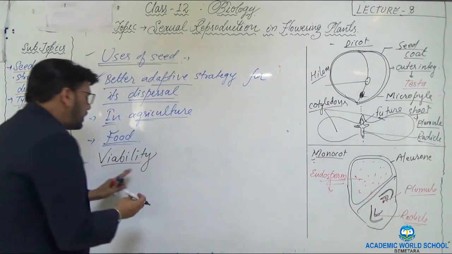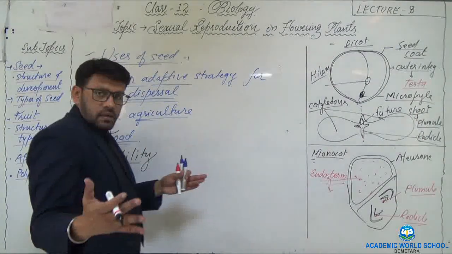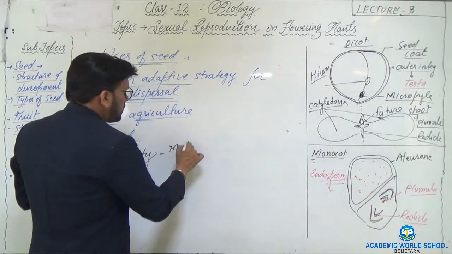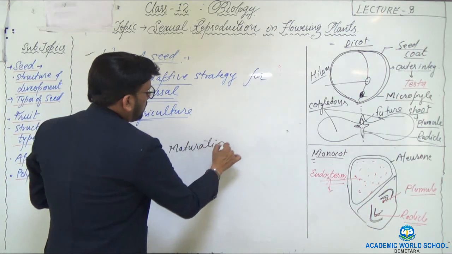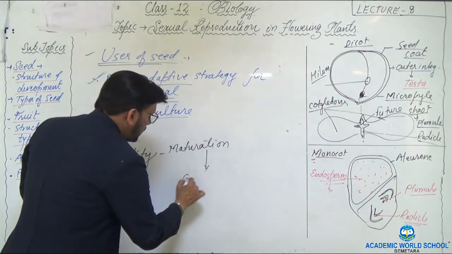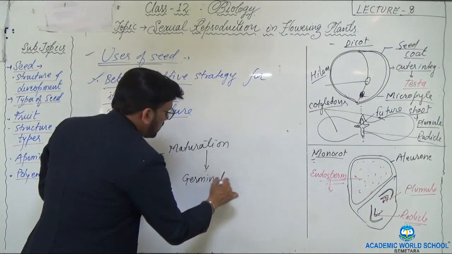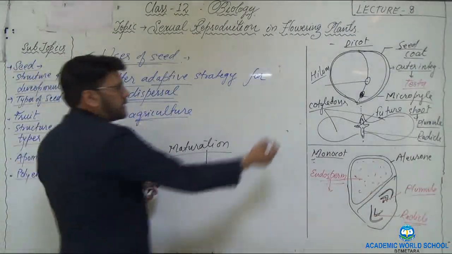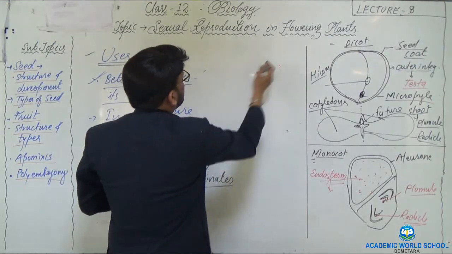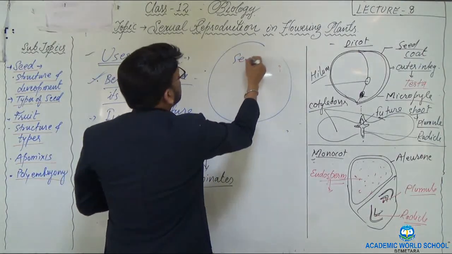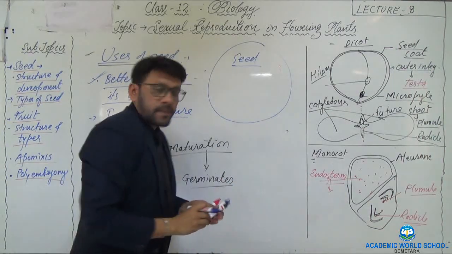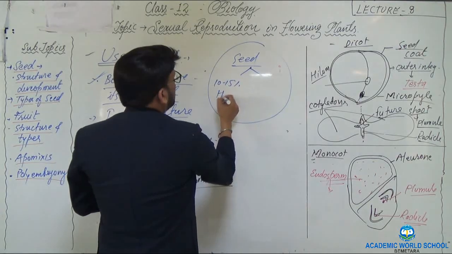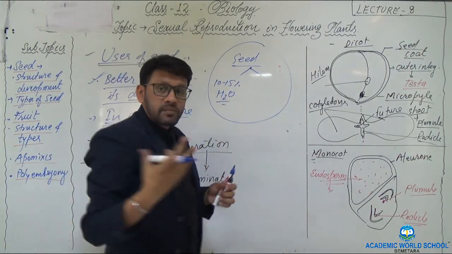So, viability refers to the time period, starting from the maturation of the seed till it germinates. Children, if I talk about these seeds, when they mature, they retain only 10 to 15% of water. It means they become dry.